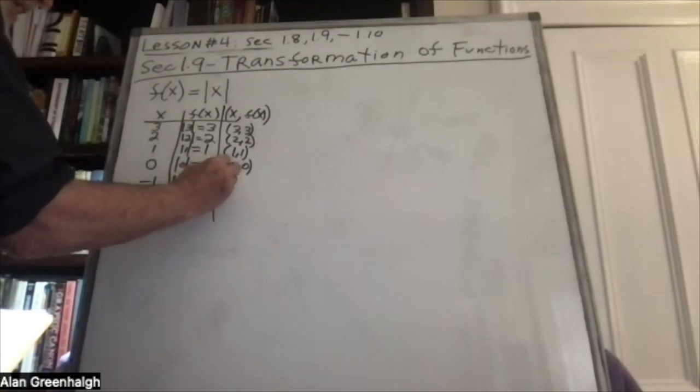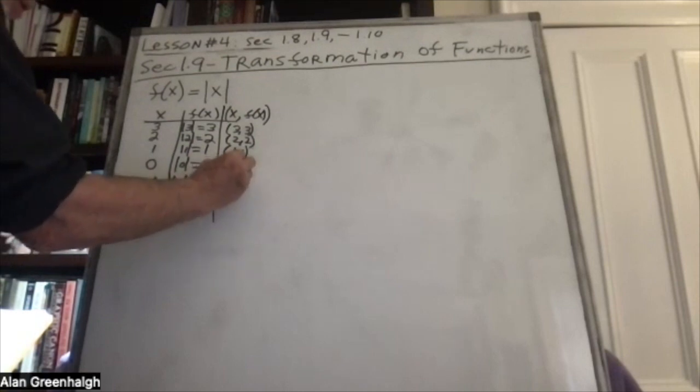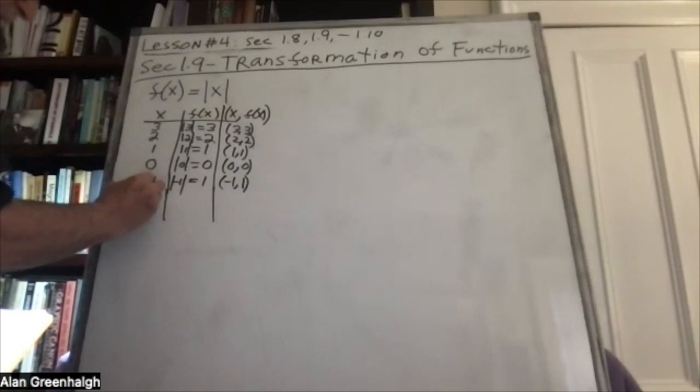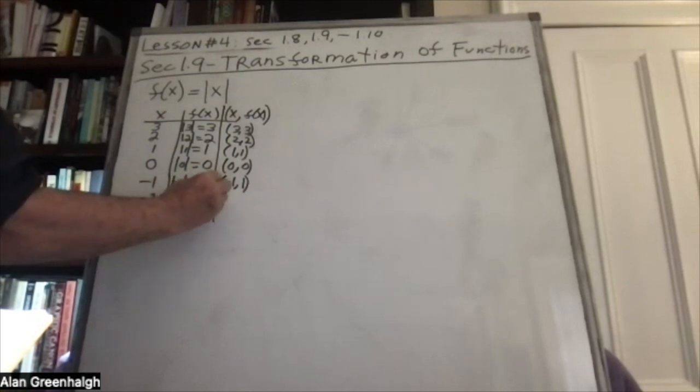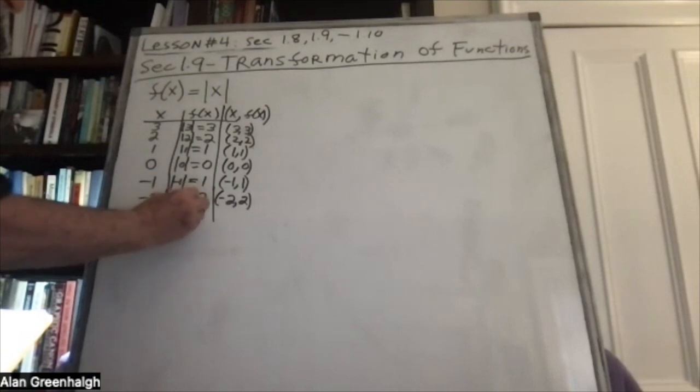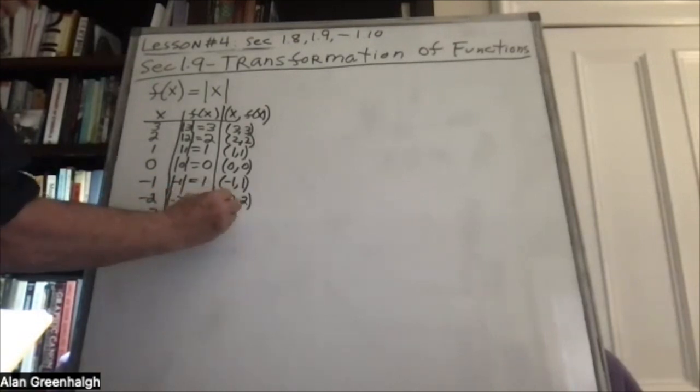So when x is negative 1, y is equal to 1. When x is negative 2, the absolute value of negative 2 is 2. Therefore, this is the point negative 2, 2. The absolute value of negative 3 is 3, so the point is negative 3, 3.